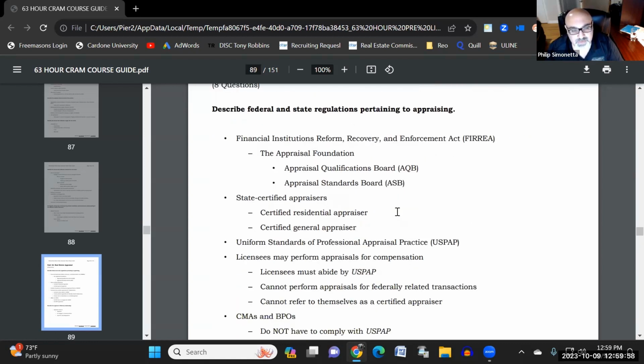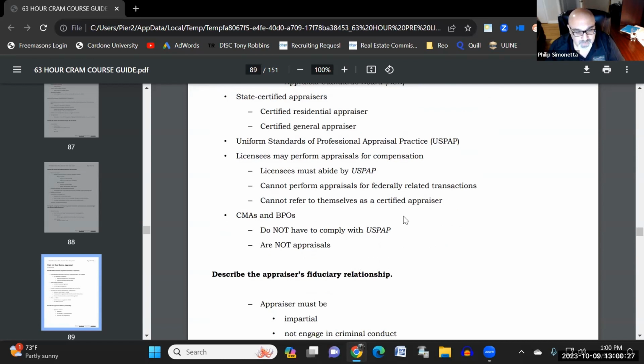So you need to be able to describe federal and state regulations pertaining to appraising. Okay, so FIRREA, the Financial Institutions Reform, Recovery, and Enforcement Act, that's what oversees it. And you have the Appraisal Foundation. And underneath that, there's the Appraiser Qualifications Board and the Appraisal Standards Board. Okay, state certified appraisers. Okay, there's certified residential appraisers and certified general appraisers.